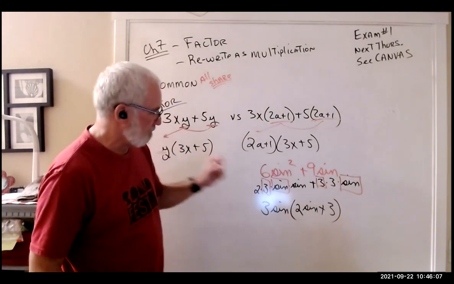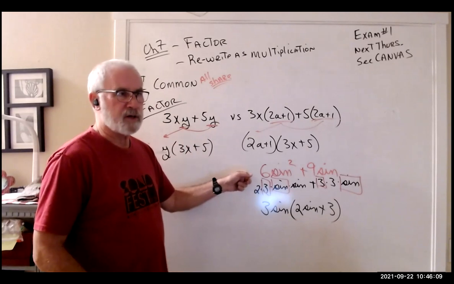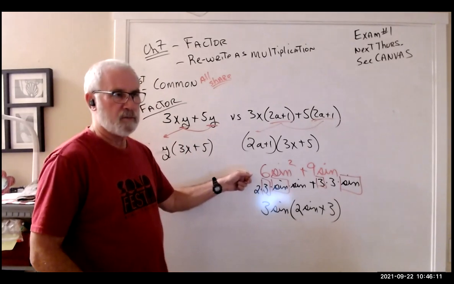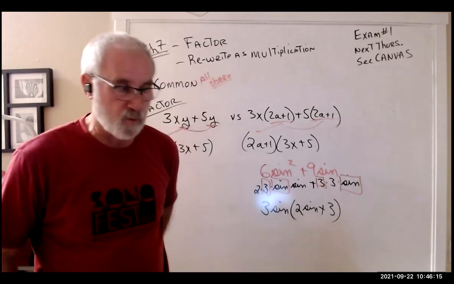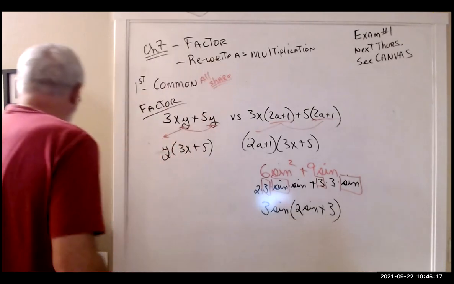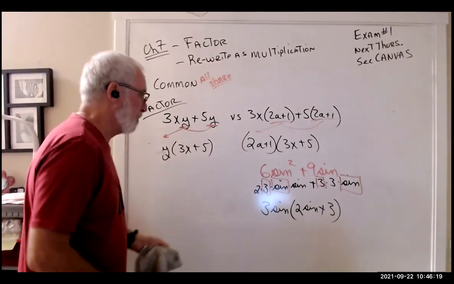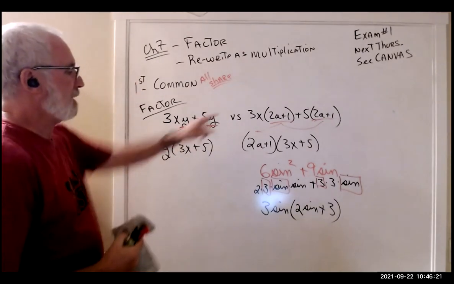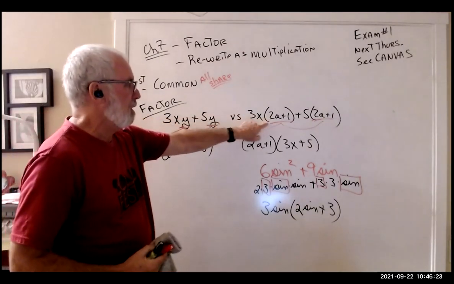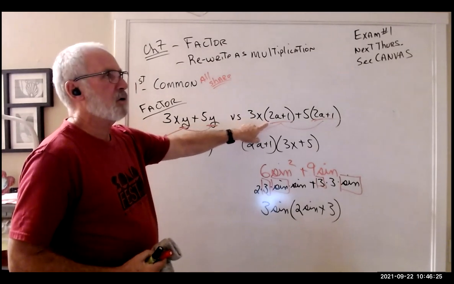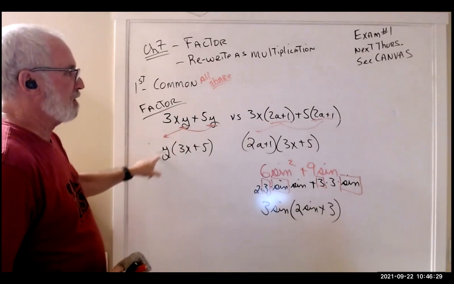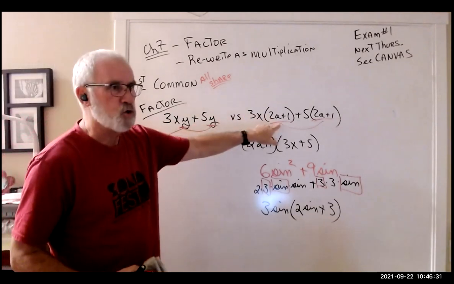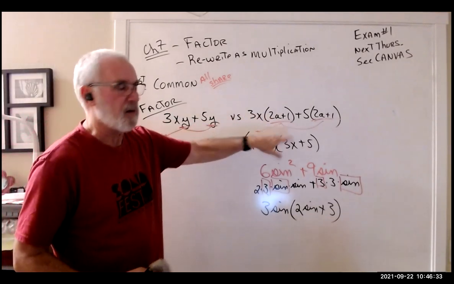So there's a problem right from trigonometry for Math 104. You'll be doing that relatively soon in the semester when you get there next year. My point back to here is you don't have to have a single thing that they have in common. It could be a binomial that they have in common.